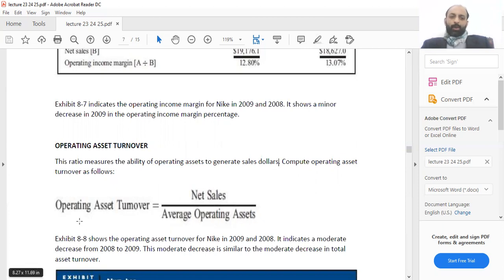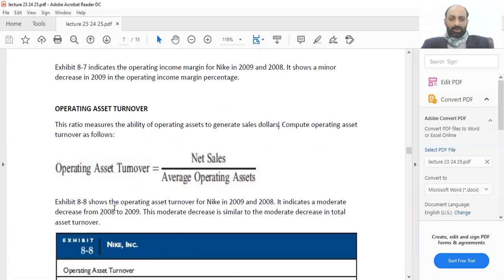So when we talk about operating asset turnover, we are talking about those assets which contribute directly to the revenue generation, and then we see how efficiently those assets have been utilized to generate sales, and that is called operating asset turnover. The higher the ratio for operating asset turnover, the more efficient the company is while employing and using its operating assets to generate sales.